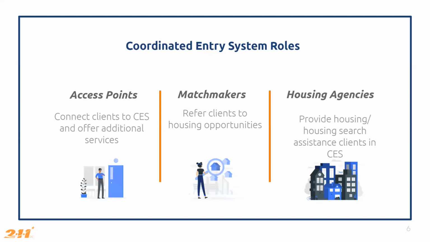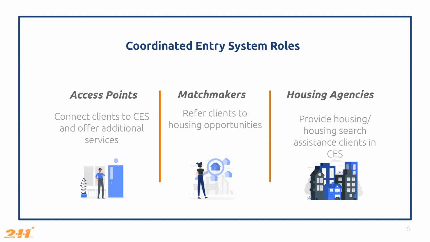The second role is the matchmaker, who match clients to available housing opportunities. Matchmakers are the CES lead agencies, which I just mentioned: the Family Solutions Collaborative for families and the County of Orange for individuals.